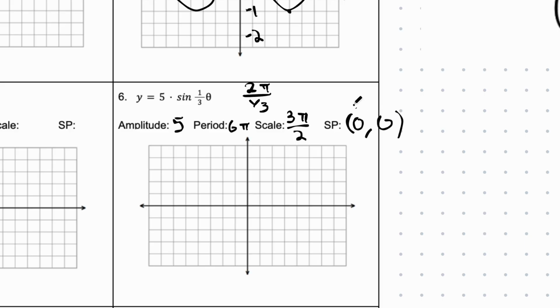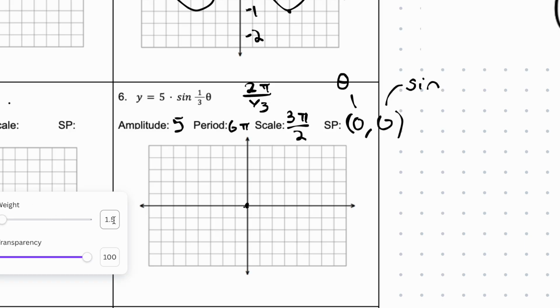And right, just remember, this is our theta, this is our angle, and then this is going to, in this case, be our sine value. So we start right here. So I'm going to actually make this smaller, just because we need to be more precise.